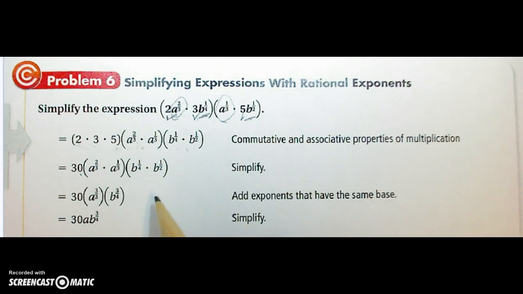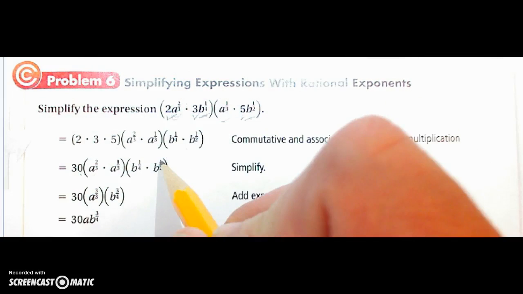So then we're going to look at our variable a. We have 2/3 plus 1/3 is 3/3, which is just 1. Then we look at our variable b, and we have 1/4 plus 1/2.